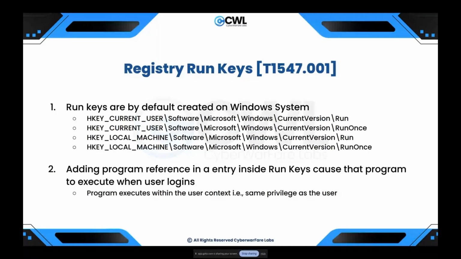There are a couple of locations where you can add the entry. These are the locations of the run keys. One is the current user software Microsoft Windows current version run and the run once. And then there is another one, which is the local machine. Current user means it's for the current user context wherever you are logging in, and local machine means for every user available in the system.